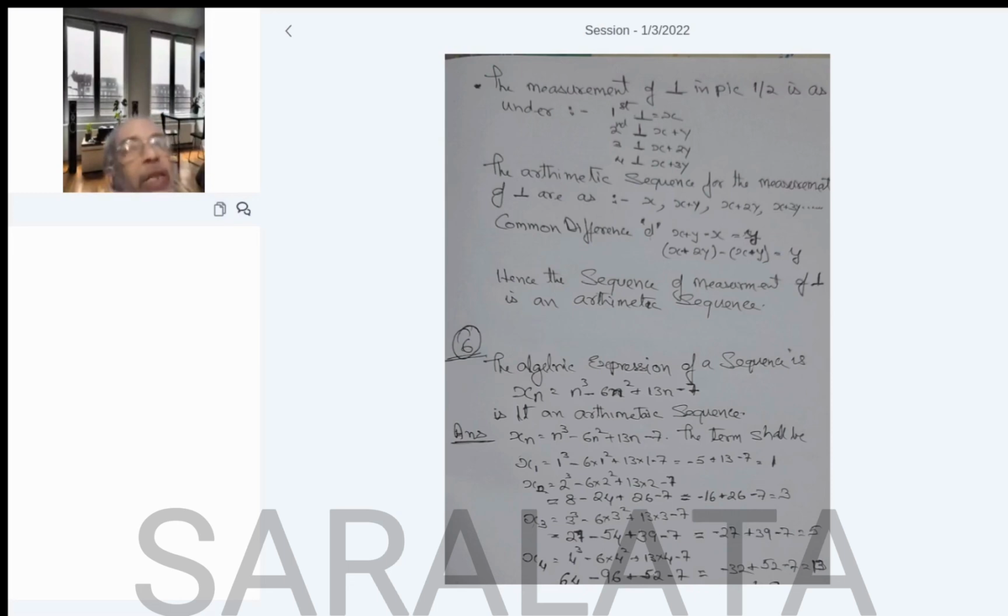Now here the xn is so and so. I need to prove whether this will come as a sequence or not. If, instead of xn, I put x1, I replace all n as 1. Then x1 equals 1 cube minus 6 into 1 square plus 13 into 1 minus 7.